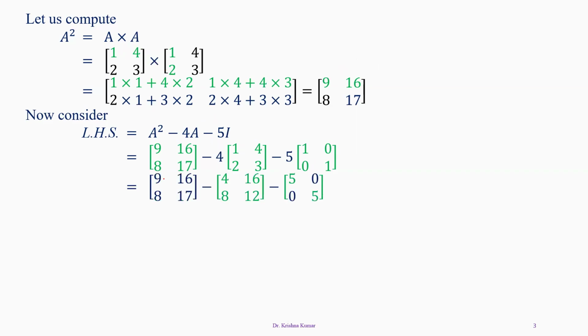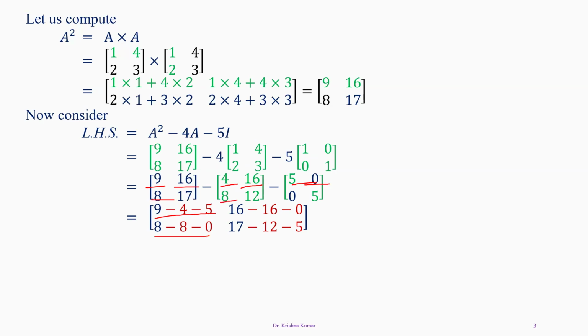If we simplify it, we get 9 - 4 - 5, 16 - 16 - 0, 8 - 8 - 0, which is 0, and then 17 - 12 - 5, which is again 0.